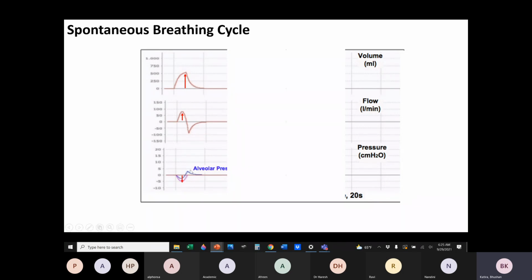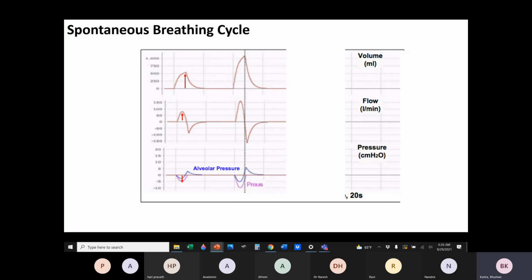Whereas the alveolar pressure becomes significantly positive relative to the atmospheric pressure. As the muscle relaxes, because the alveoli have gas in them, the gas inside the alveoli exerts a pressure and the alveolar pressure increases. This increased alveolar pressure in relation to the atmospheric pressure, which is 0, creates an opposite flow, and you get an expiratory flow, and the tidal volume is breathed out.